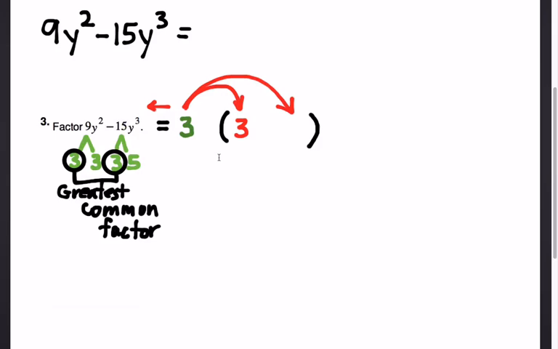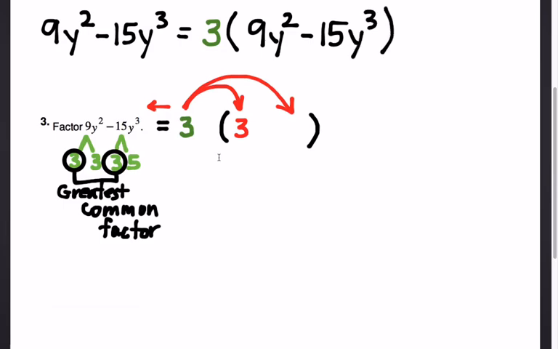Once we've identified that we want to factor out a 3, I like to see it as two things that we're doing. I can see it as multiplying this expression by 3, right? Just take a 3 and multiply the whole thing that we started with by 3. But we can't just get away with doing that, because we're going to triple the value of this expression.